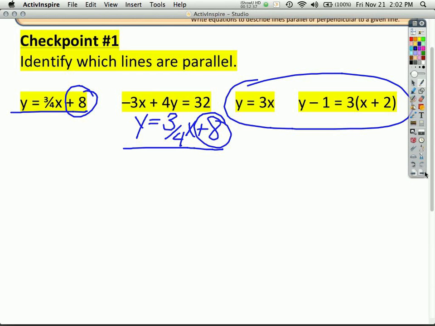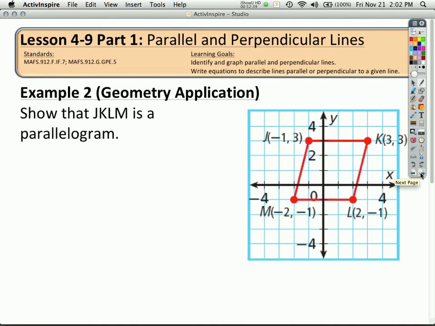Good, let's continue developing this idea, but now apply it to an actual geometric application that you're going to start seeing next year all the time. So today is just an exposure to it. So, show that JKLM is a parallelogram. Show that JKLM is a parallelogram.